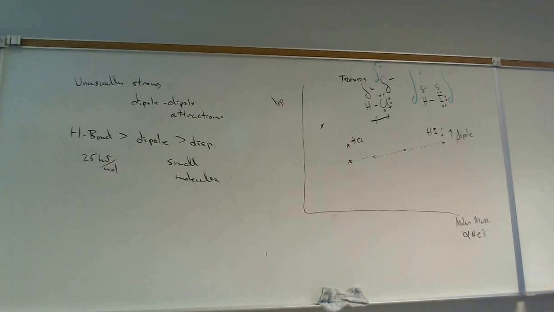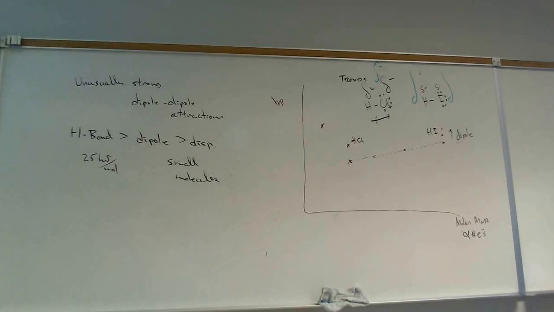This is a hydrogen bonding interaction. HF has this unusual shape where it forms these kind of clusters, maximizing the hydrogen bonding interaction between them. Here you can see two waters hydrogen bonding. Hydrogen bonding is quite strong. If there's hydrogen bonding present, then we normally think that dominates.